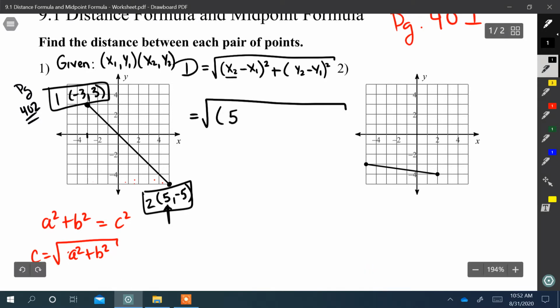So that'll be 5 minus, well, we have a negative 3 right there. So minus negative 3 squared plus, then we have y2. Well, y2 is negative 5. So I plug in negative 5 minus, we have y1, which is 3 squared.